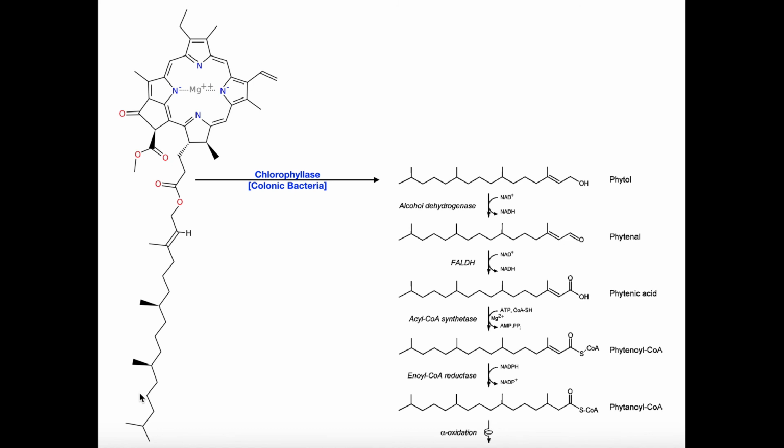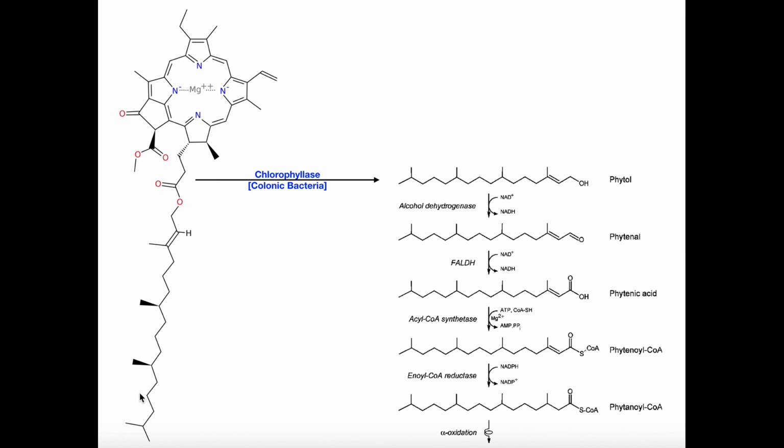Some humans eat a lot more spinach than others, but usually humans are eating other things to satisfy their amino acid needs and so on and so forth. So humans are going to eat a lot less chlorophyll than a lot of other creatures, particularly herbivorous creatures that tend to be ruminant animals like cows, horses, and things like that.